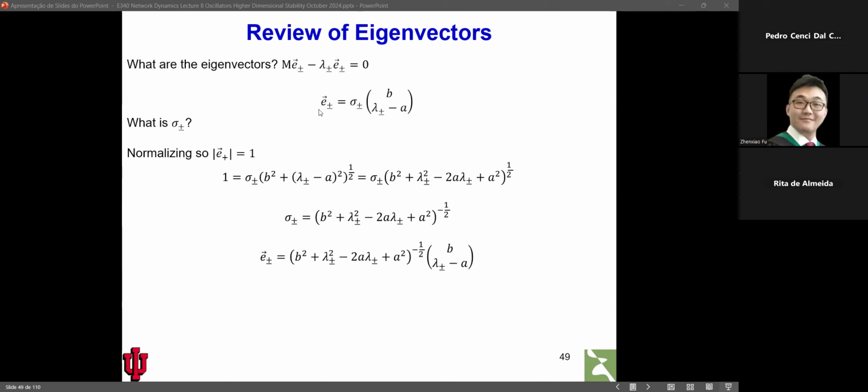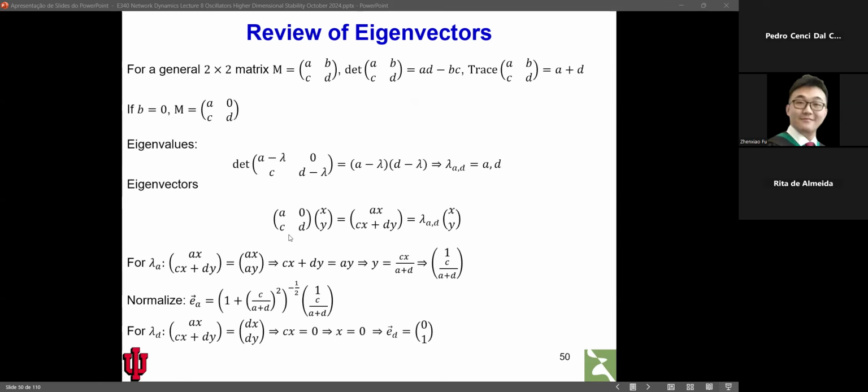What are the eigenvalues? Again, you normalize because you want the modulus of each to be 1, and then you have something like this. I leave this for you, it's just mathematics, just algebra, just solving all the equations.